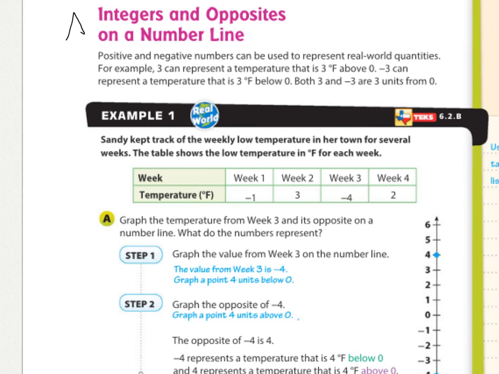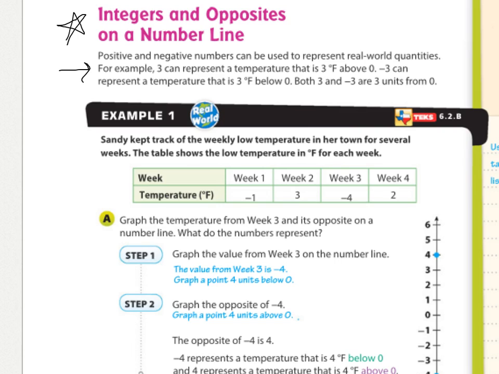For integers and opposites on a number line, you can graph positive and negative numbers that represent real-world quantities on a number line. And they give you some real-life examples of integers and their opposites.